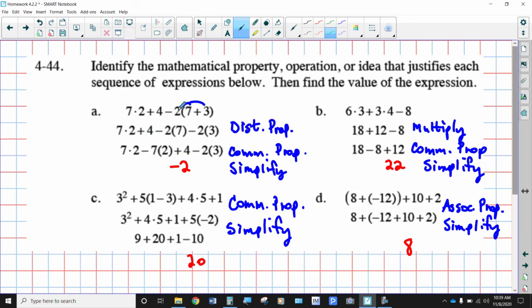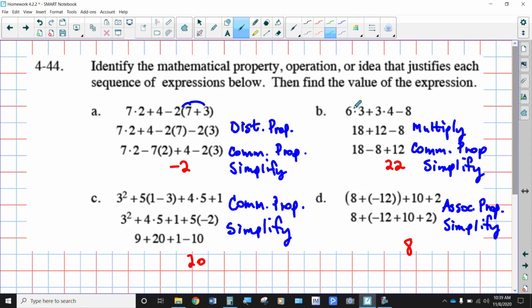So we have to start by sending in the dive bombers there to distribute a property and then simplify. And you can rearrange the terms. Where were they being rearranged? Was it right here? I don't know. I don't like this problem, to be honest with you. That one's a little confusing, but I mean, these are the steps that you would go through. So yeah, you use commutative property between those two and eventually simplify it.